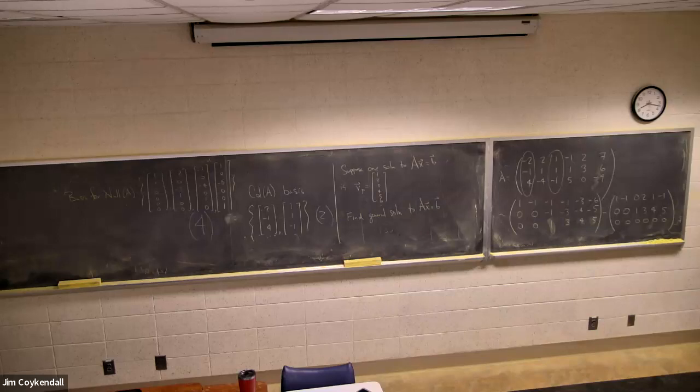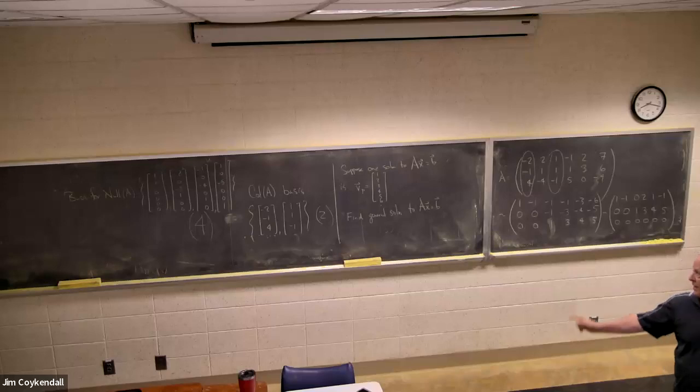Do you remember this theorem that says if you have AX equals B, all you have to do is find one solution, which is sometimes called a particular solution? Just find one solution, and every solution is whatever you found plus a homogeneous solution.